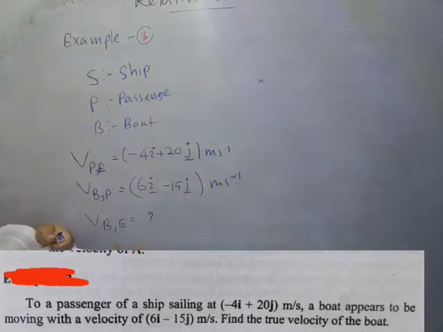Appears means relative to the ship or relative to the passenger. And they ask us to find the true velocity of the boat. True velocity means with respect to earth.